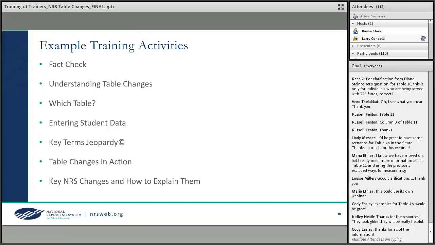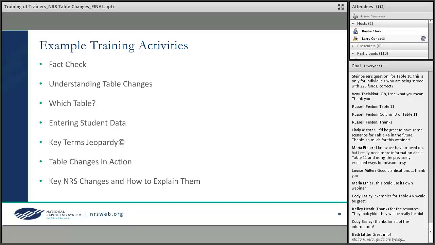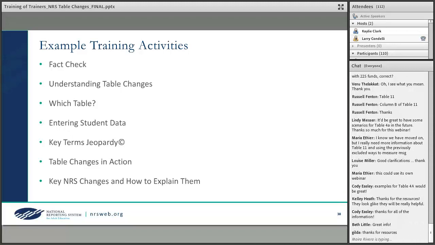However, I'm certain that when Alan sent the response out, we did discuss this, and what he sent out was a response that, as Cody said, applied to Tables 4C, 5A, 8, 9, and 10. And I do believe that for Table 10, I'm going to retract what I said earlier.